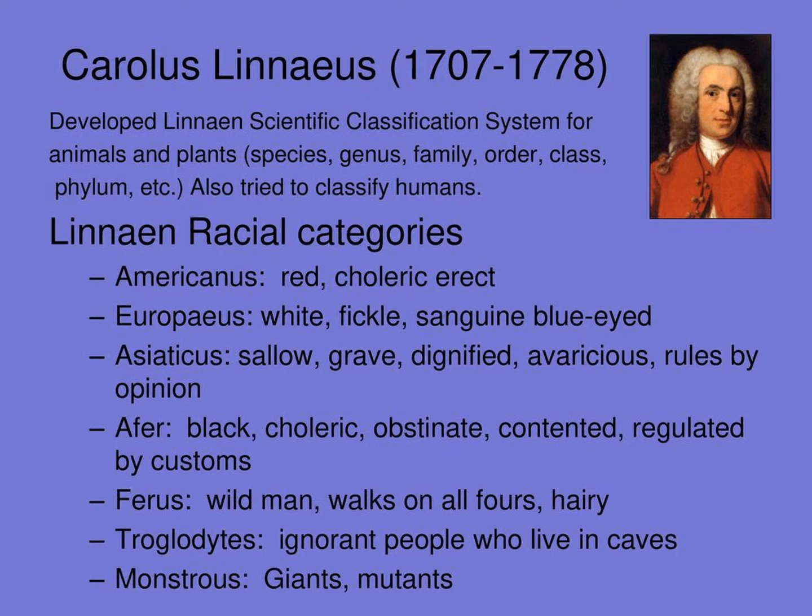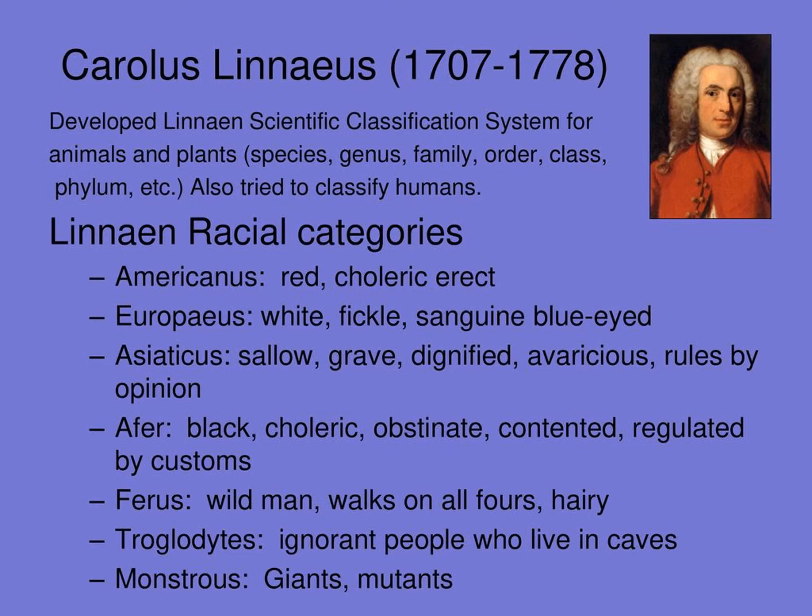If we look at one contemporary during the 18th century, we have Carolus Linnaeus. He's most famous for developing the binomial nomenclature system of scientific classification for animals and plants. We all are familiar with it: the species names, genus, family, order, class, phylum, et cetera.